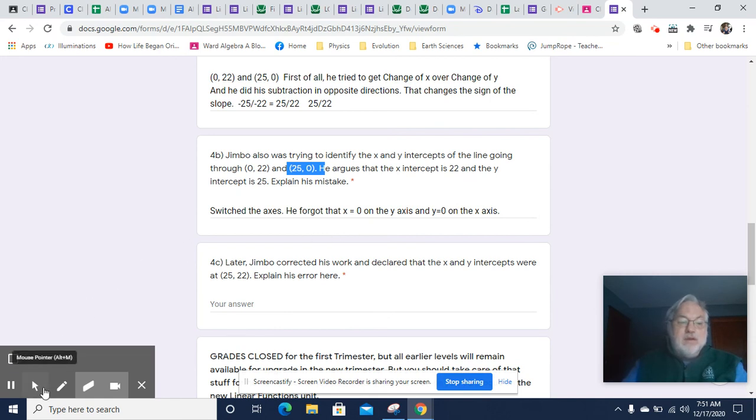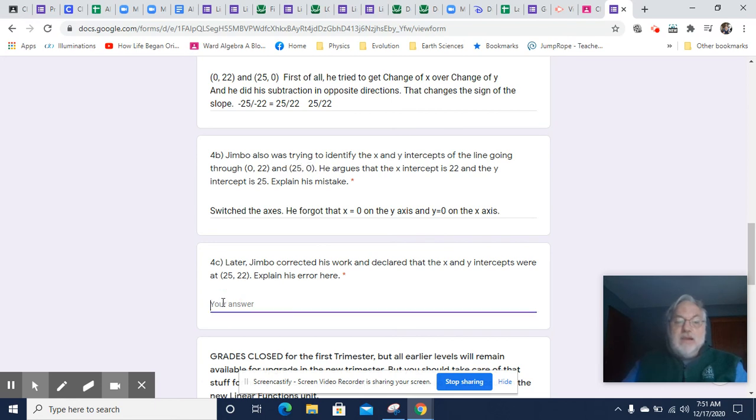And last one, but not least, Jimbo corrected his work and declared that x and y-intercepts were 25, 22. This is a mistake I see happen a fair amount. 25, 22 is not on any axis. You need one of the values to be 0. 25 is certainly the x-intercept, and 22 is the y-intercept.